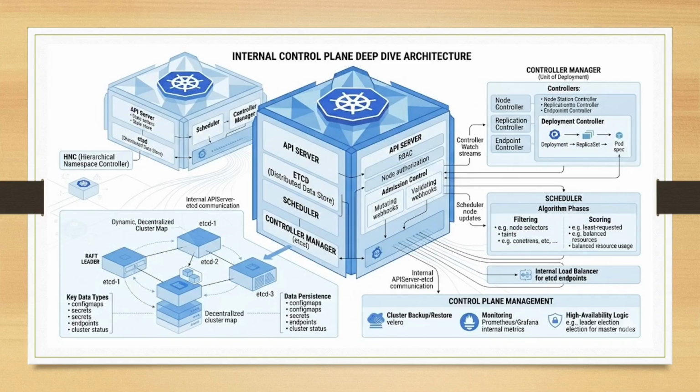All these things are calculated using the algorithms that schedulers run. Also there is an internal load balancer for etcd endpoints, so that all the traffic goes in a balanced way.